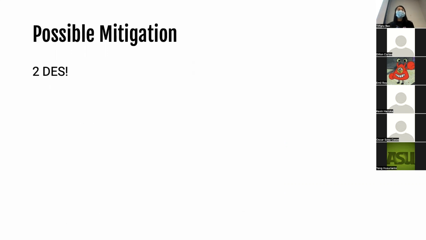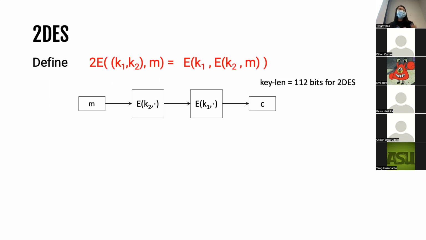Then the question is, in this case, can we make it 2DES? Meaning that we have a plaintext, we encrypt it, get the new ciphertext, and then put that into DES again, so you have a second, two-time encrypted ciphertext.